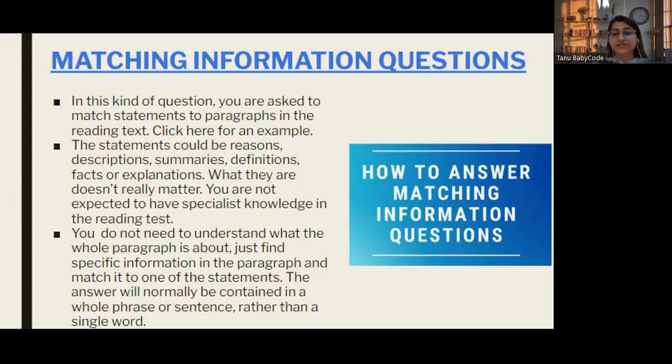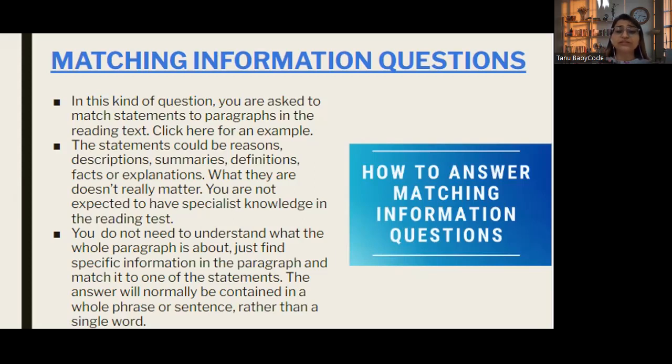Just find the specific information in the paragraph and match it to one of the statements. You are not here to understand the whole paragraph. You are not looking for the main idea here. You are just looking for your required information.